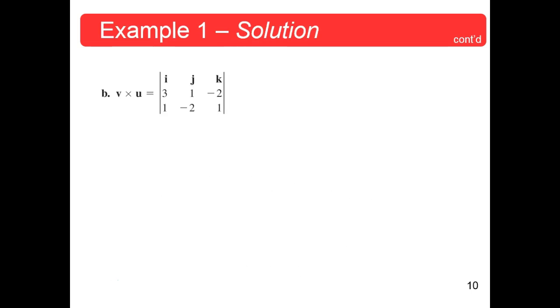Okay, u cross v, ijk, 3, 1, negative 2, 1, negative 2, 1. Set it up, and this is how we didn't do it on this one, we did it on the other one. 1, negative 2, negative 2, 1, i, determinant of that i, minus the determinant of 3, negative 2, 1, 1, j, plus the determinant of 3, 1, 1, negative 2, k.